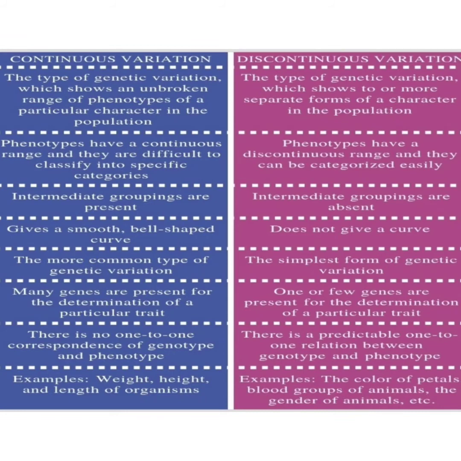In continuous variation, there is no one-to-one correspondence of genotype and phenotype. In discontinuous variation, there is a predictable one-to-one relation between genotype and phenotype. The examples of continuous variation: weight, height and length of organisms. Whereas the examples of discontinuous variation: the color of the petals, the blood groups of animals, the gender of animals, etc.